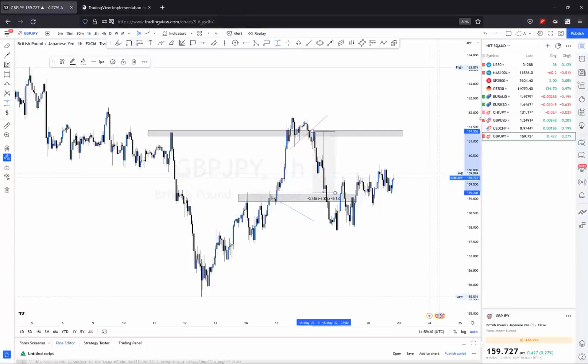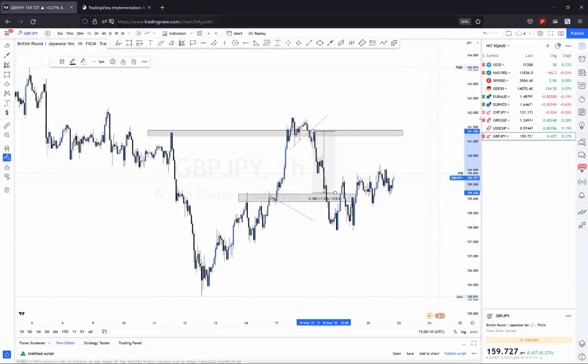So we made minus 160 pips on EU, EN, CHF, JPY. We also lost 13 pips on USD CHF, and we made 13 pips on GU, so that cancels out.